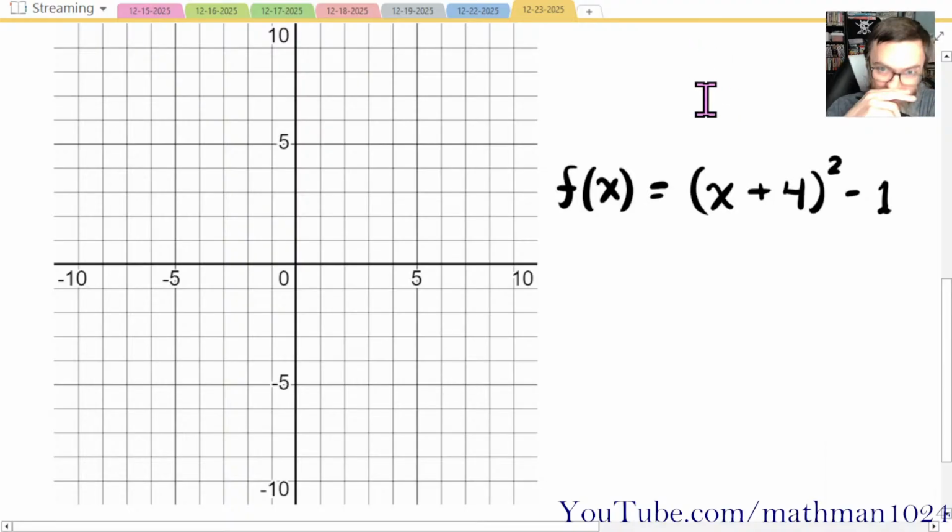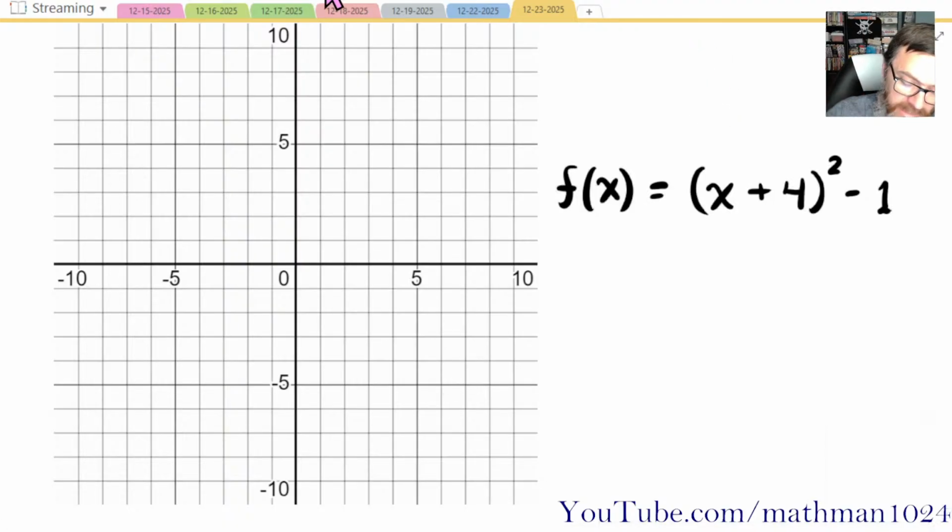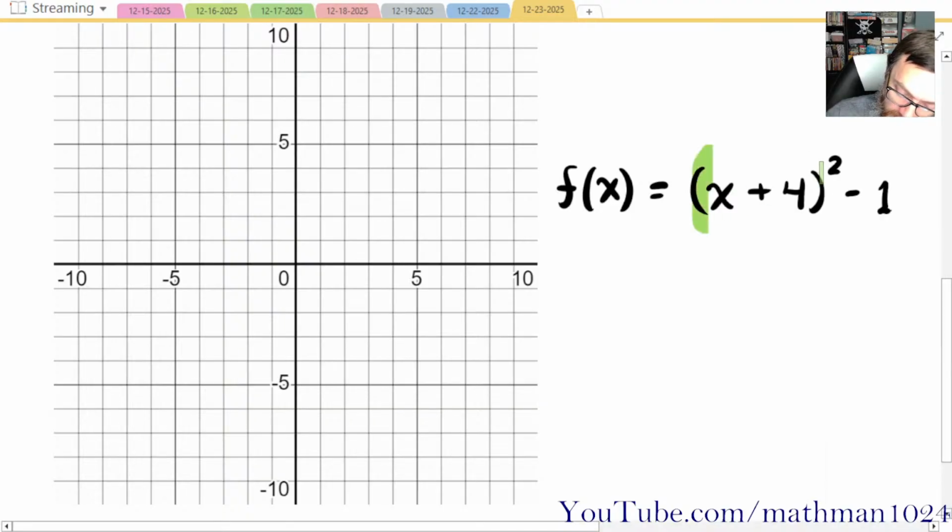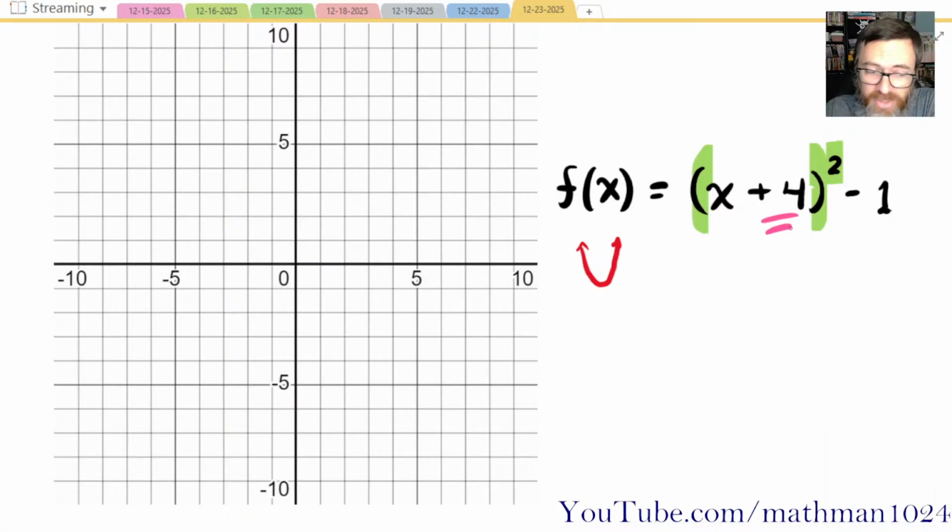All right. So the things we want to look for are those symbols that tell us my shape, and that's going to be the square. So because of the square, I'm expecting my shape to be a parabola. Now, where is the parabola? Well, looking at what I have inside the squaring function, I see a plus 4. But when it's inside, I'm going to do the opposite of what I see.